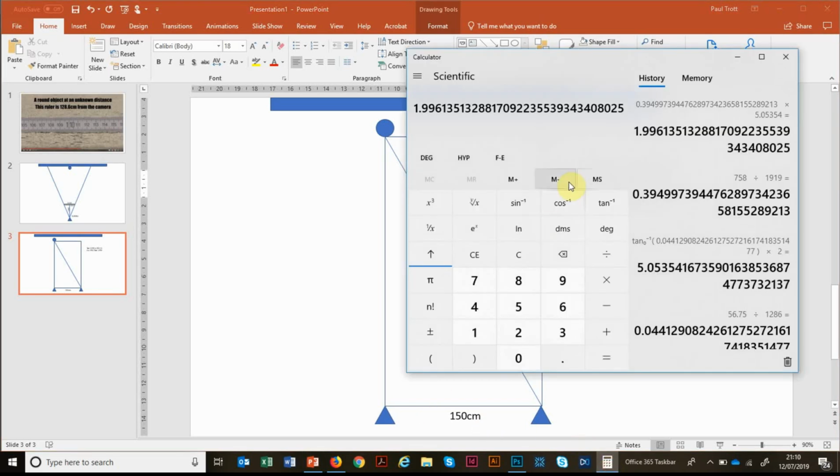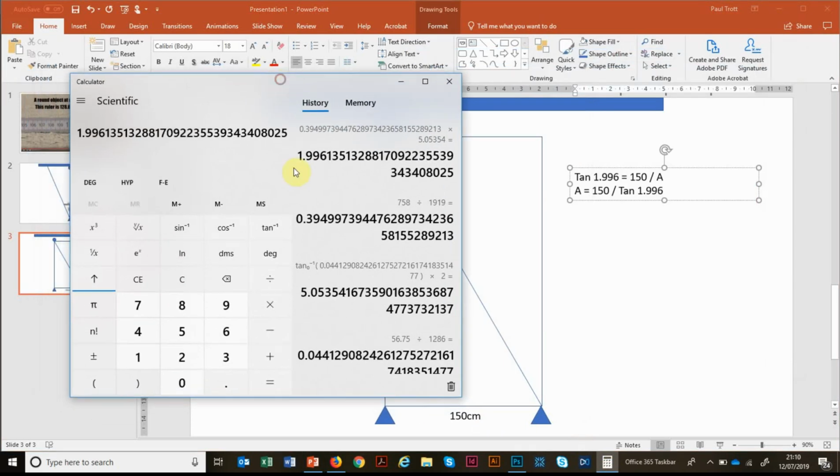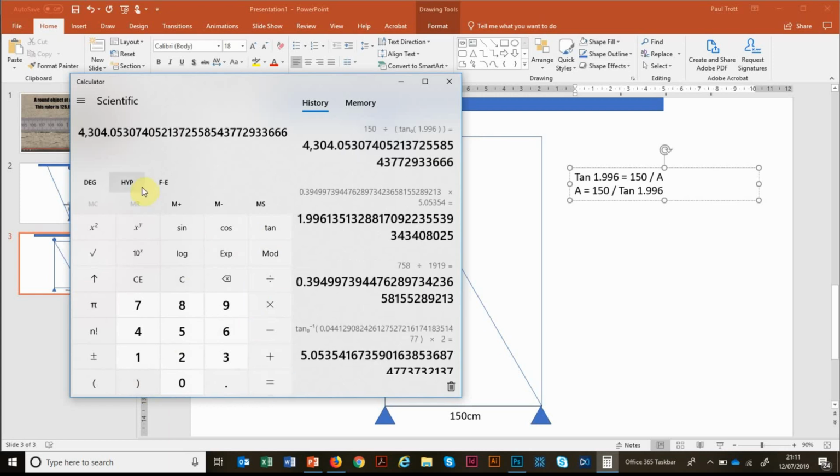Okay, so back to the calculator. So 150 divided by open brackets, 1.996 tan, close brackets, equals.